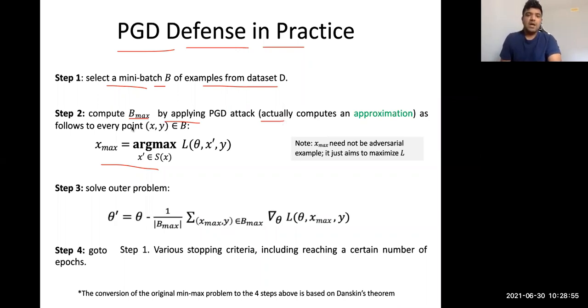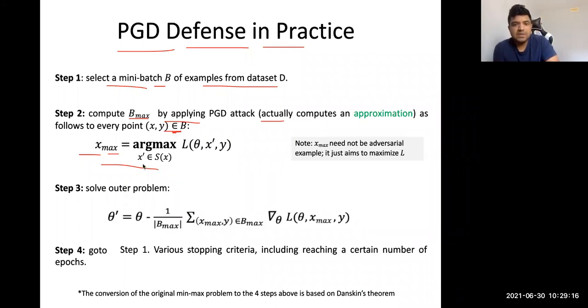And then from our B max, we accumulate a number of X maxes with the corresponding Y coordinates from our data set of labels B max.